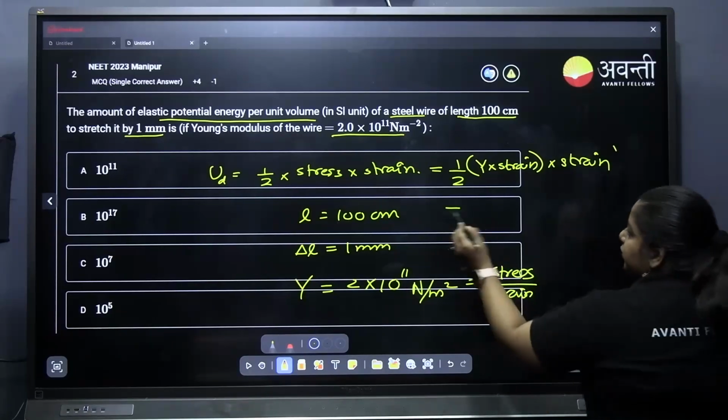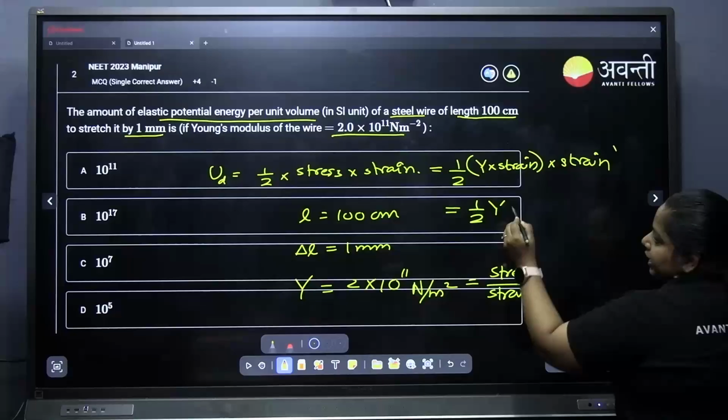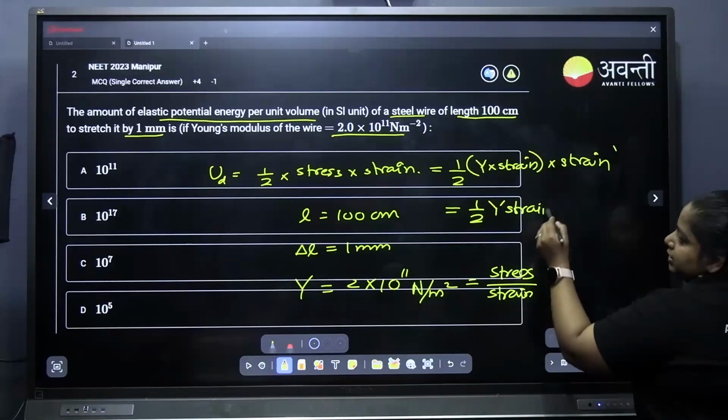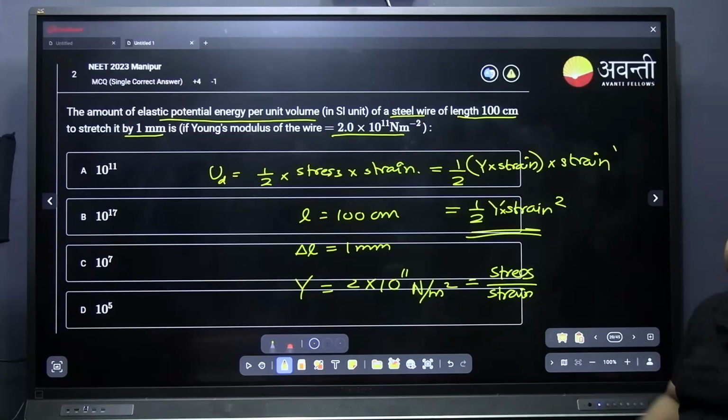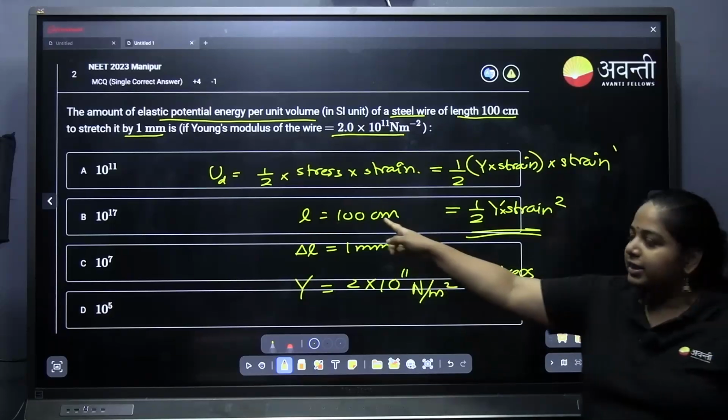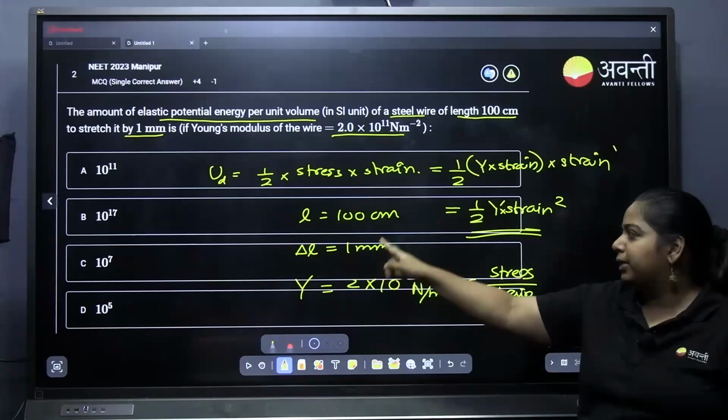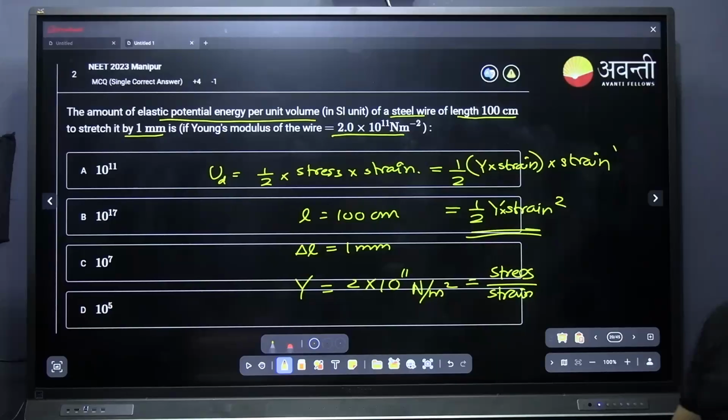So this will be half Y into strain square. All the values are again given, just substitute and find the answer. See here, it is given in centimeter and millimeter, so convert it to SI units.